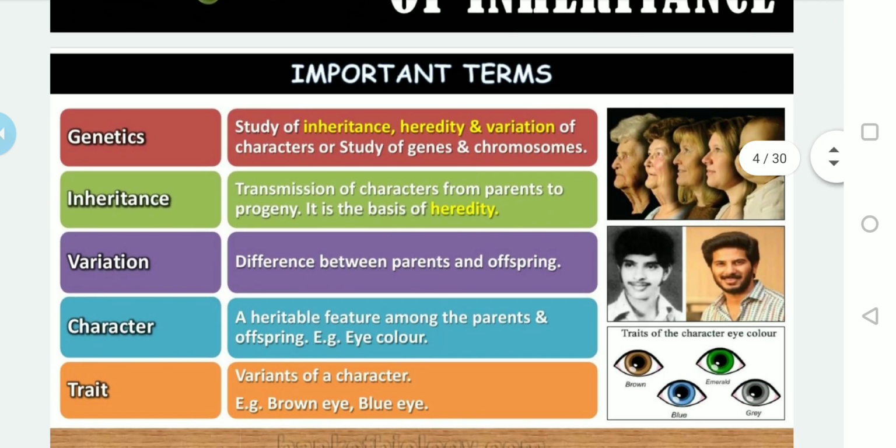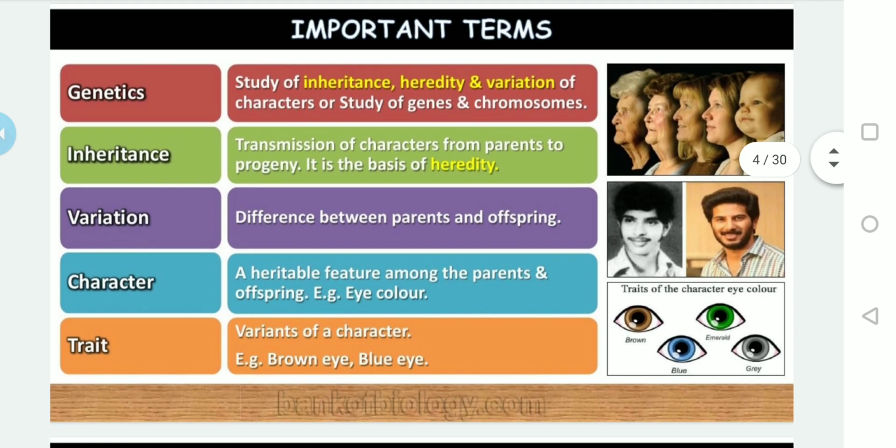So before we start the chapter, let us discuss some of the basic terms. They are very important for understanding this chapter.